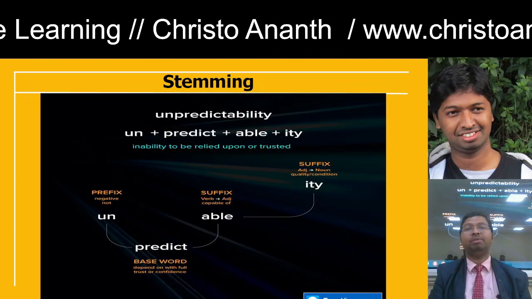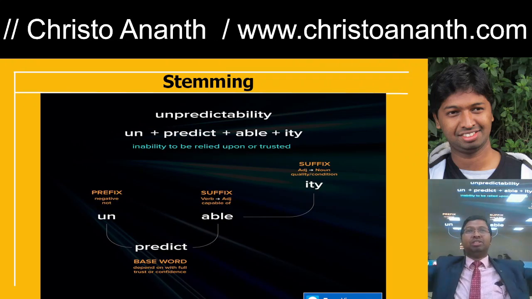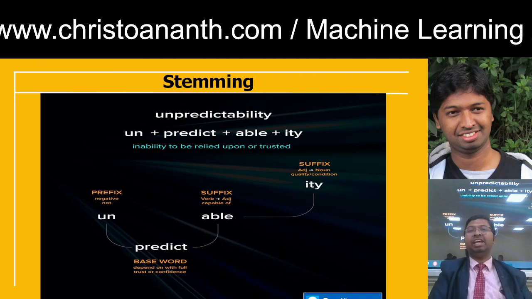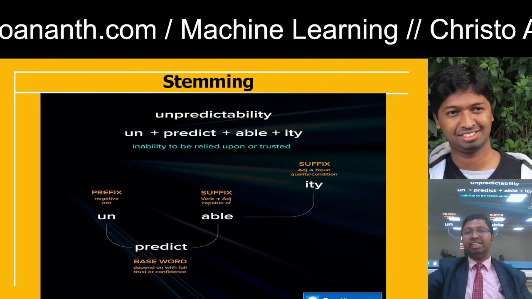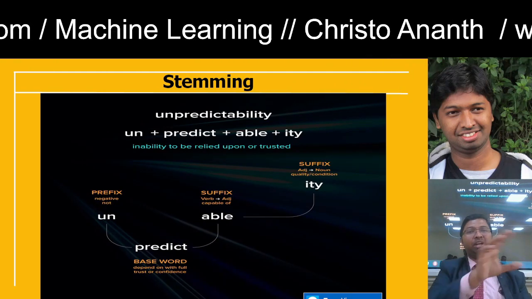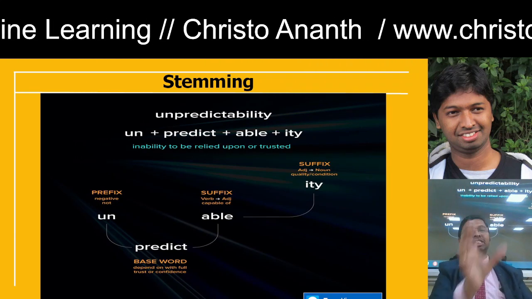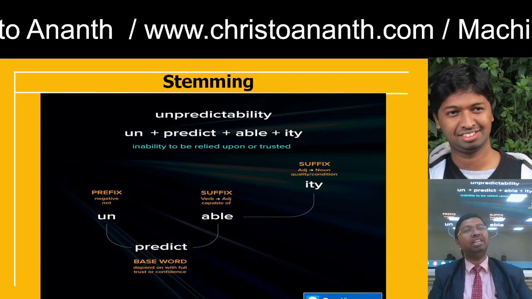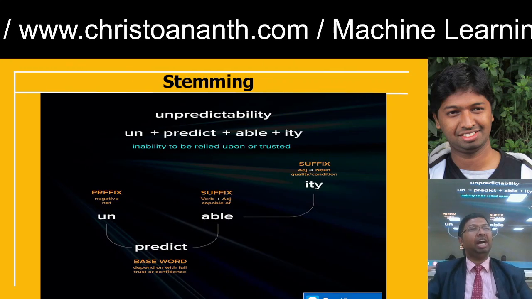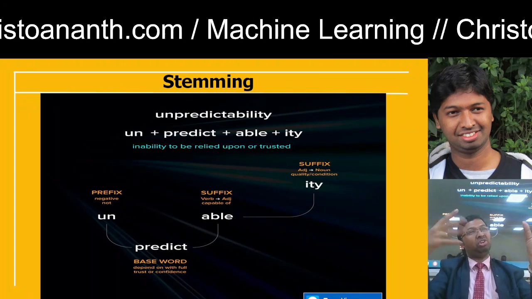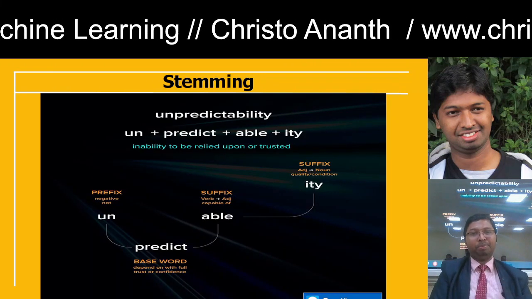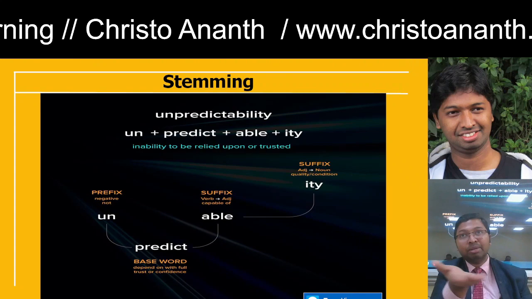Unpredictability. We split the words: un, predict, able, ity. What is the meaning of unpredictability? Un means without, negative. Predict is the base word.